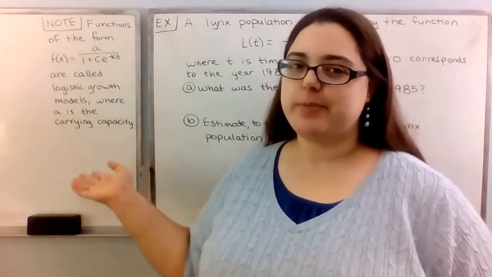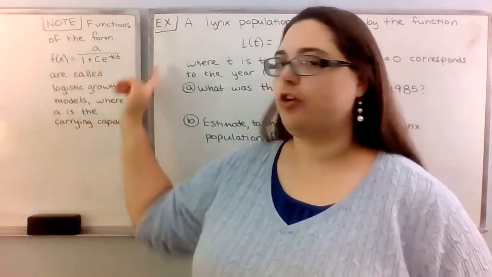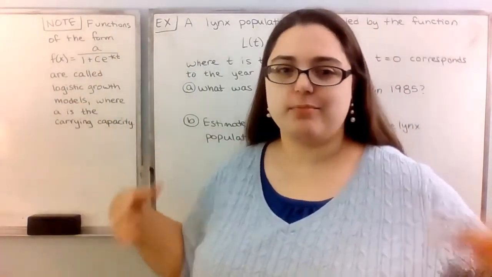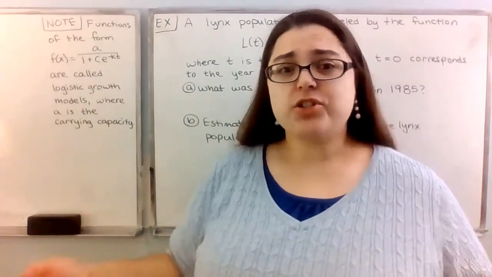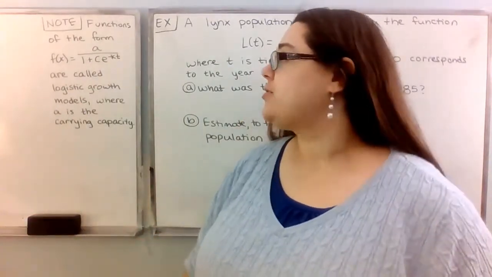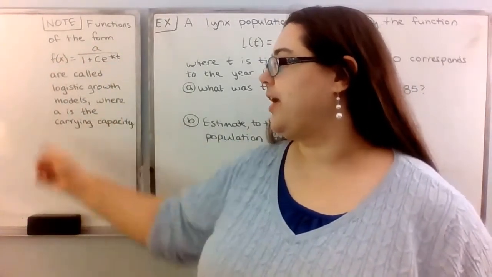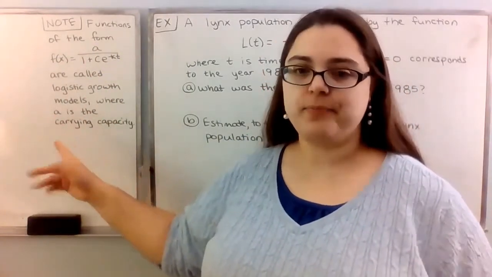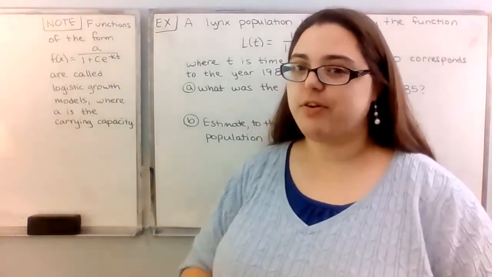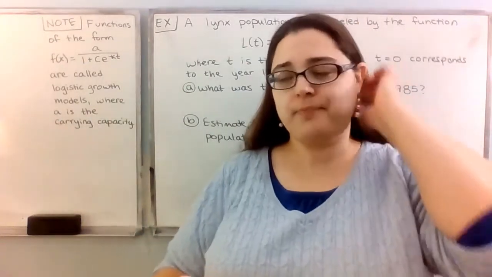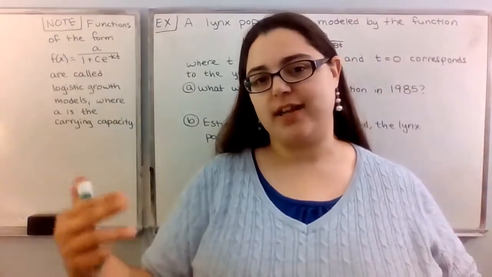So you're not going to be expected in my class to memorize this formula or anything. I just wanted to bring in some alternate function that you might not have seen before. So if we have a function of this form, it's a logistic growth model, and A is the carrying capacity. What a logistic growth model means is your environment has a certain set of conditions, right?